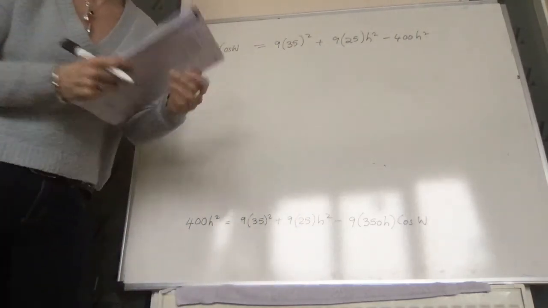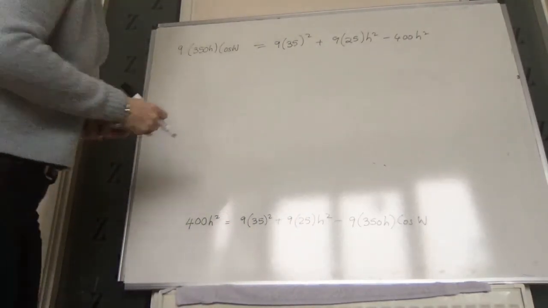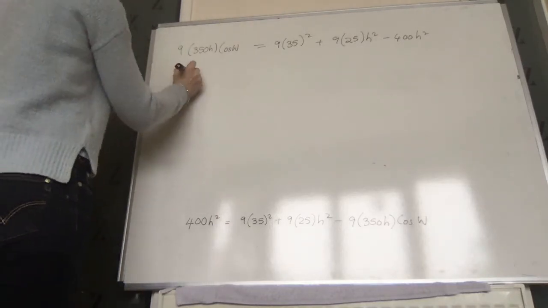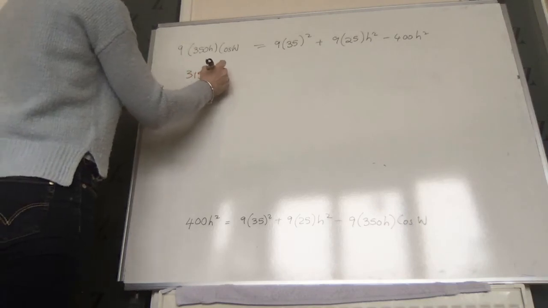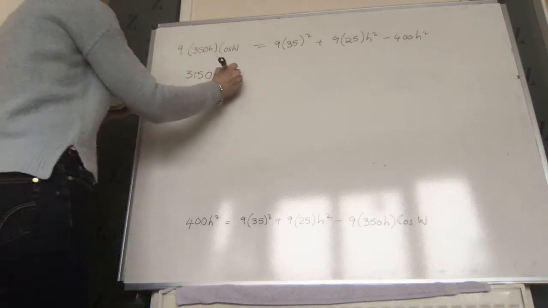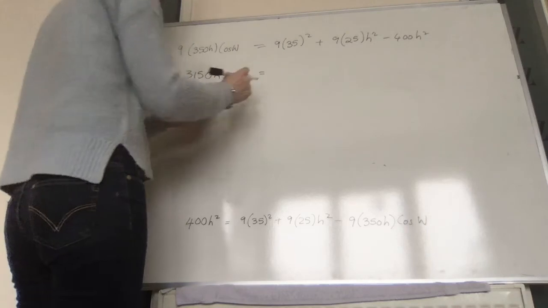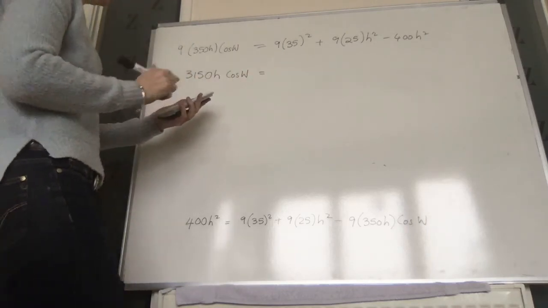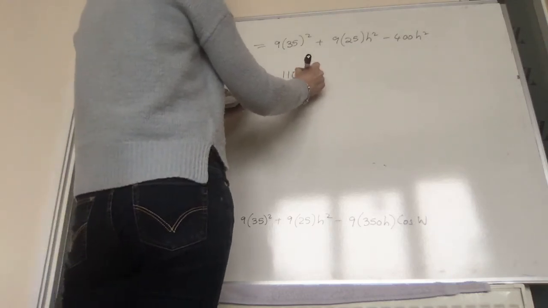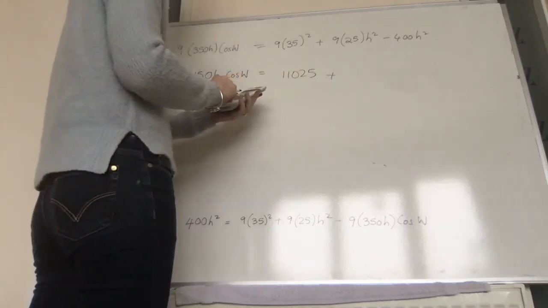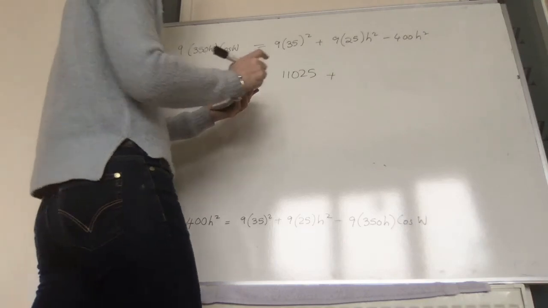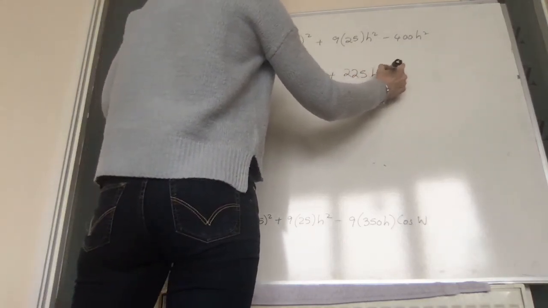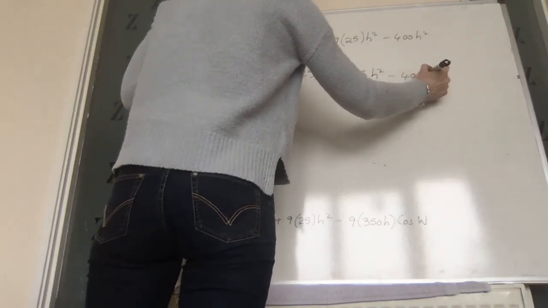So let's get a calculator out here. So we have 9 times 350, 3150 h cosine W is equal to 9 times 35 squared, which is 11025, plus 25 by 9, which is 225 h squared, minus 400 h squared.